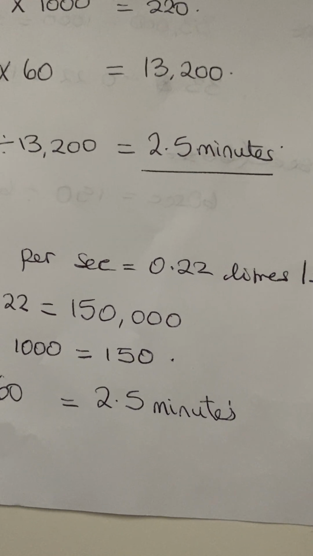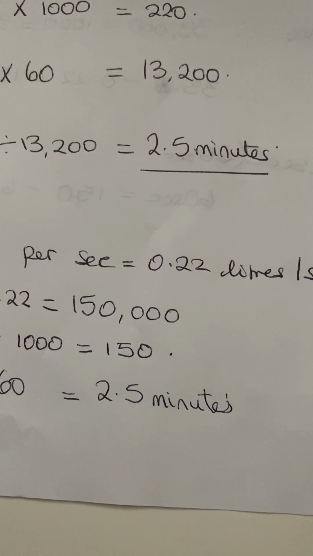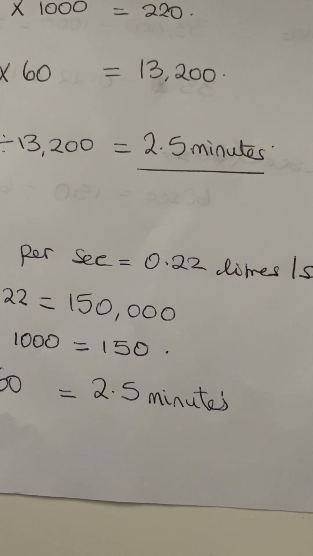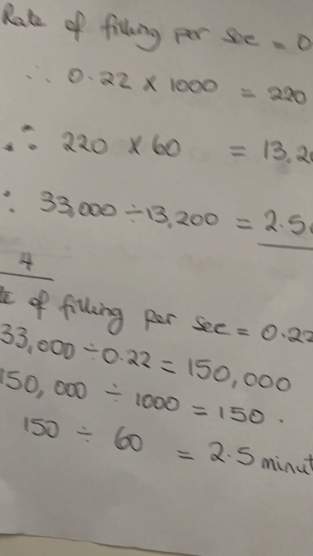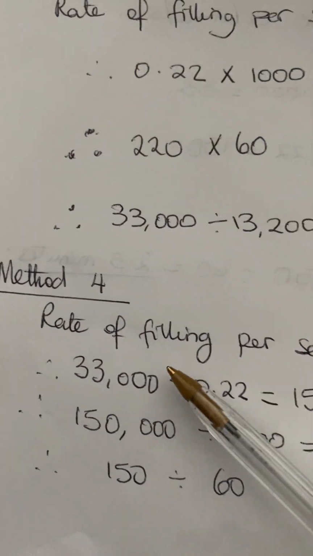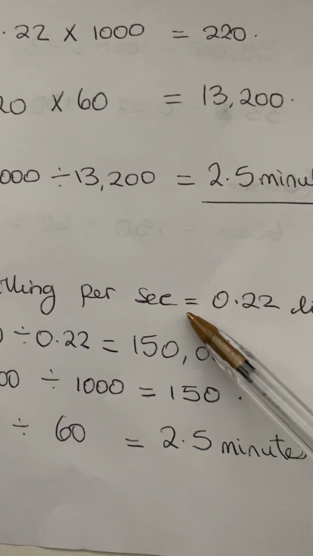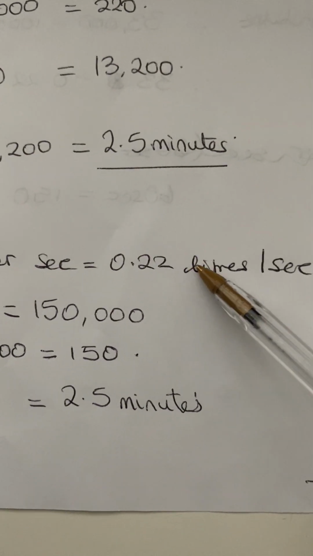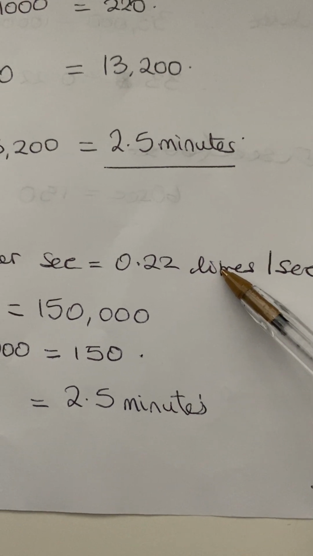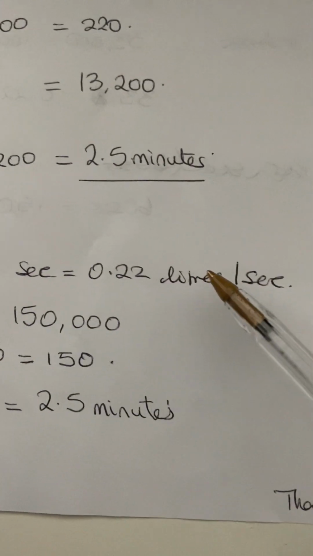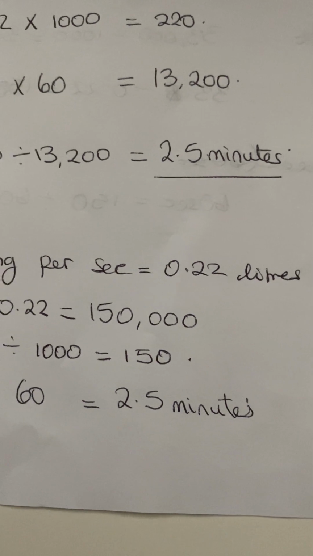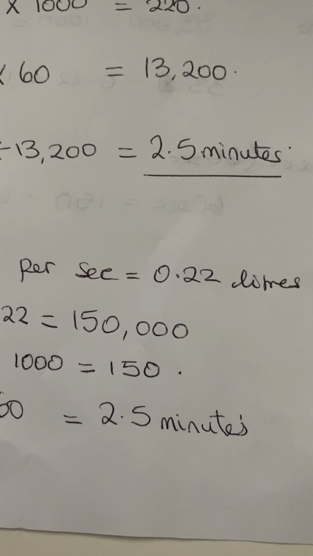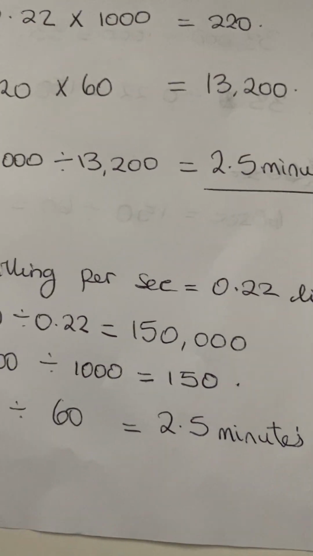But the second part you need to use logic and imagine that you are filling per second, and it's per liter. When you finish, you need to convert your answer into minutes, which is where the 60 seconds comes in.